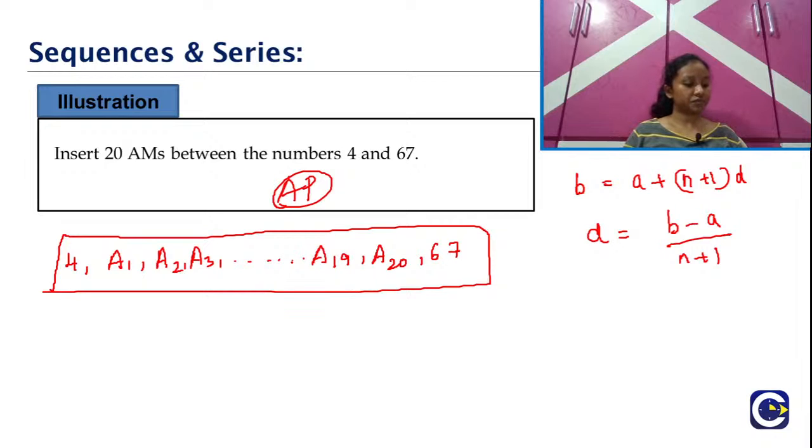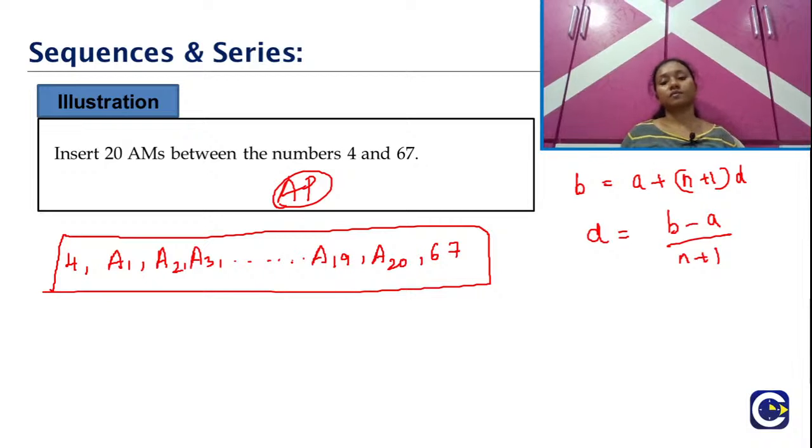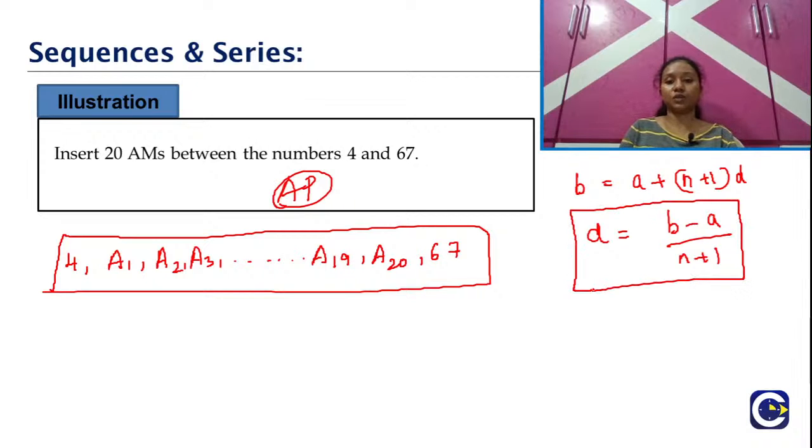We also have the common difference formula here. Just figure out the values and try to find the common difference.